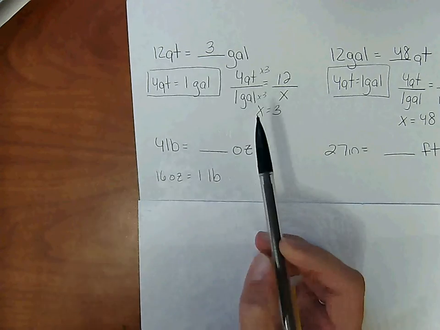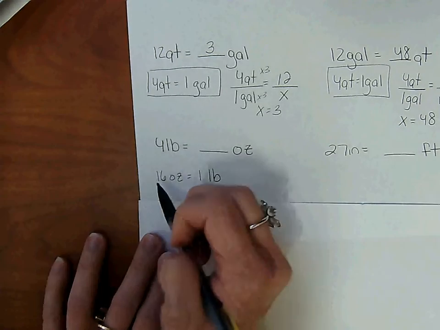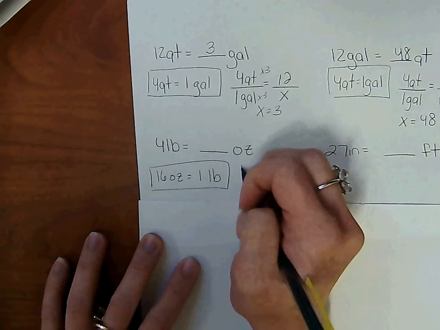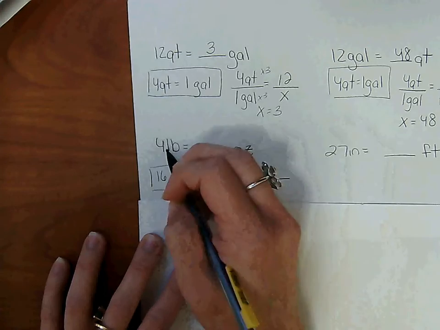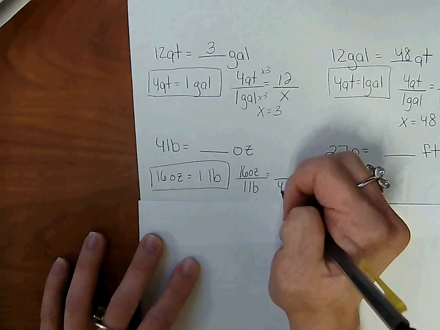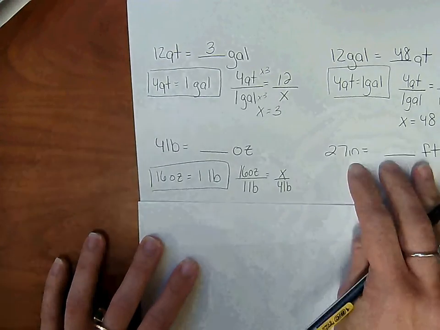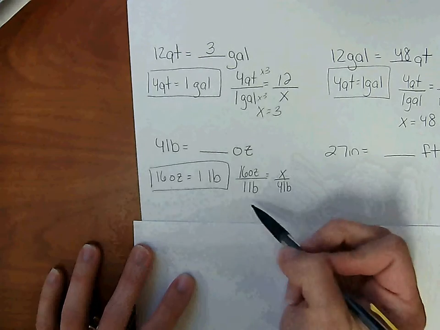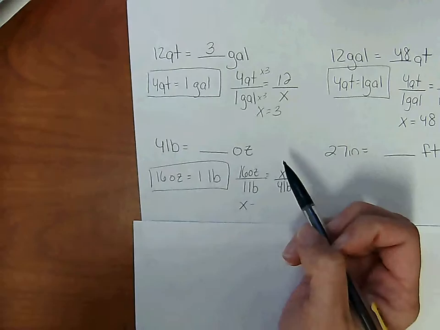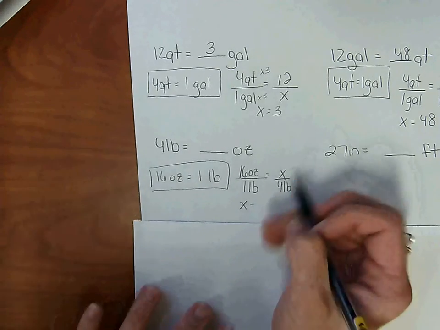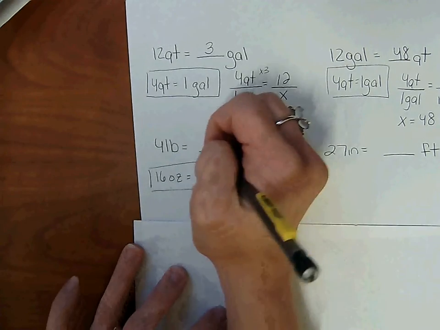But again, if you're not sure of yourself, set up a proportion. 16 ounces over 1 pound equals 4 is the pound, so in the denominator, X in the numerator, and we're going to have to cross multiply. 1 times X is X, and 16 times 4, we're going to get the 64 ounces.